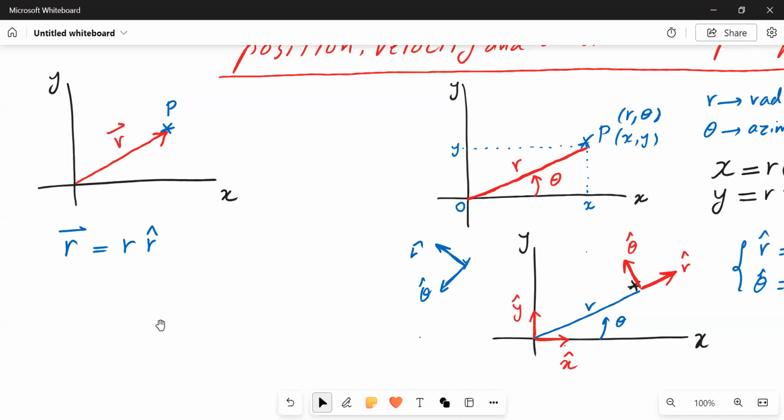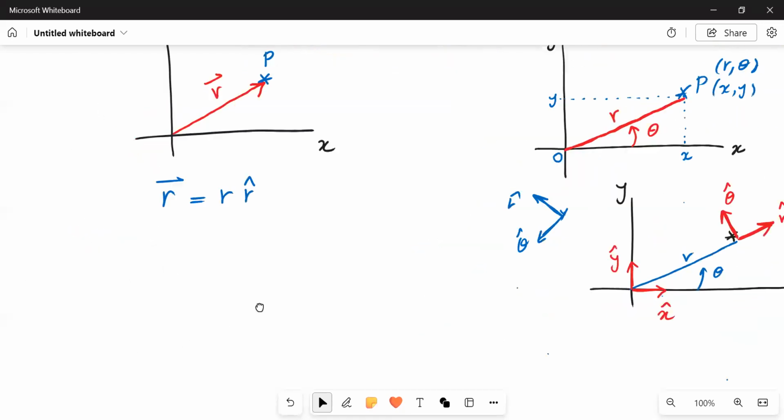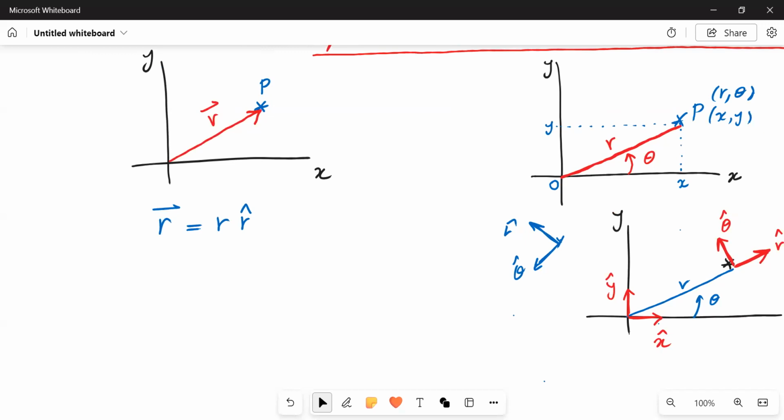Okay, so any object on the two-dimensional plane can be uniquely identified with this position vector. Just to let you know, this is called the position vector.